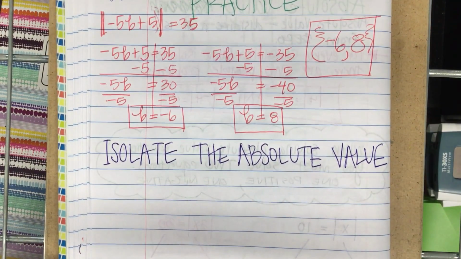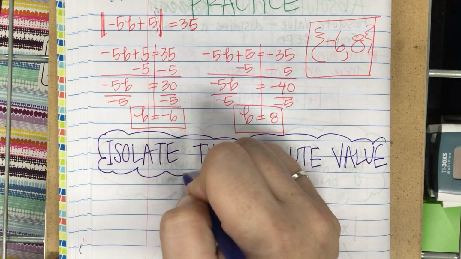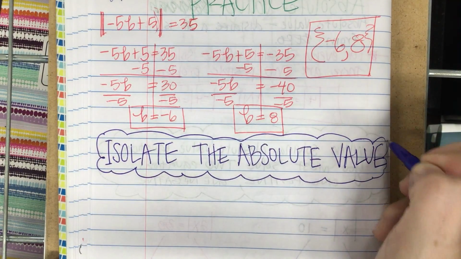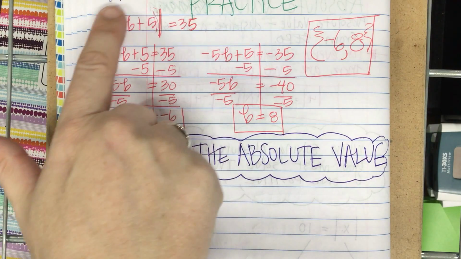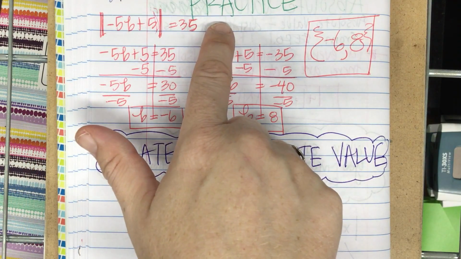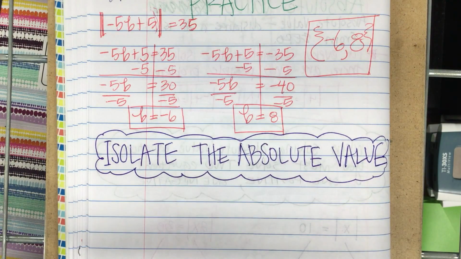And if you look at those examples that we did before this, the 3 examples, has the absolute value been all alone on one side of the equal sign? Is this just an absolute value is equal to a number? Sometimes you won't have the absolute value by itself. You have to get it by itself.